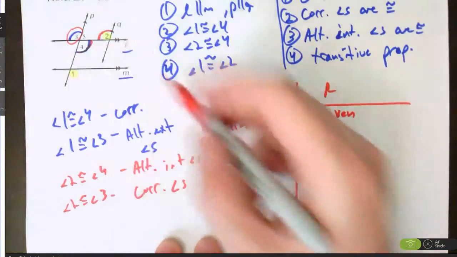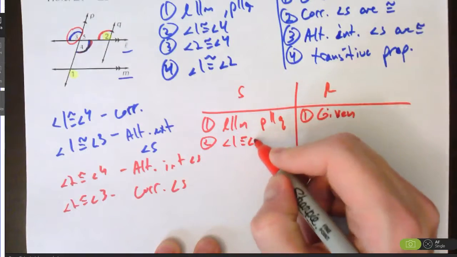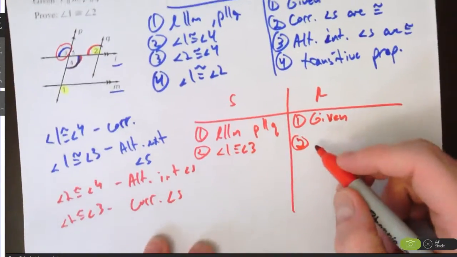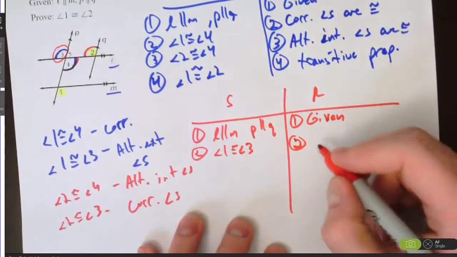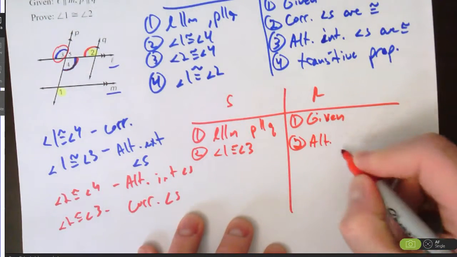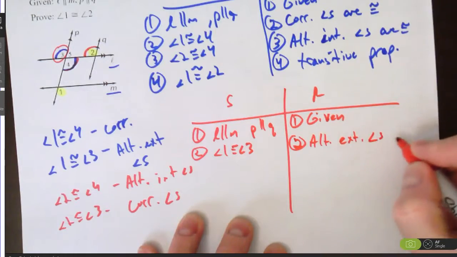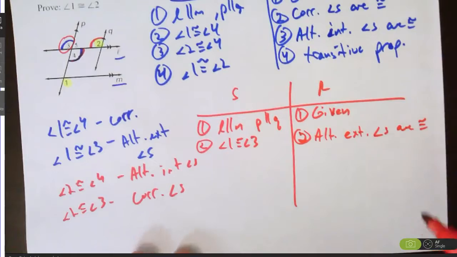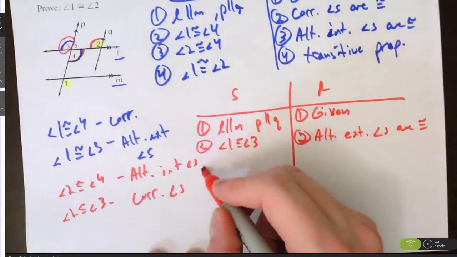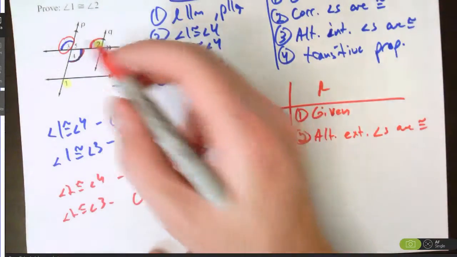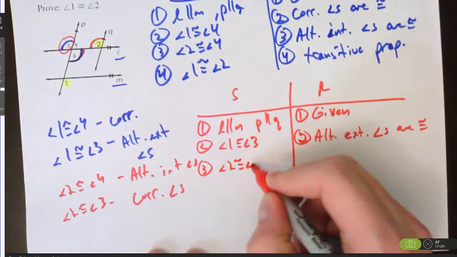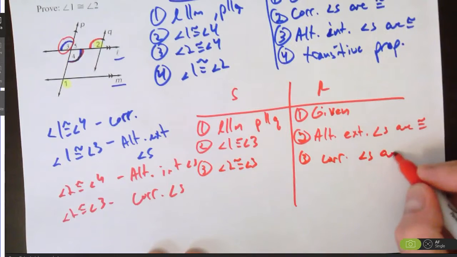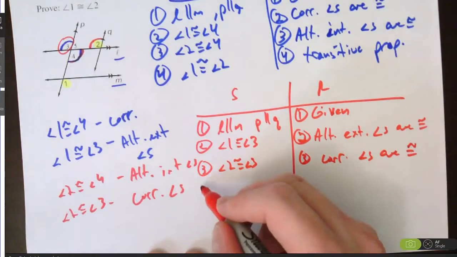Now I know angle 1 is congruent to angle 3 by alternate exterior angles. So you can say again alternate exterior angles theorem or alternate exterior angles are congruent. Now there should be like an if parallel, but we're too lazy to do all that. 3, I know angle 2 is congruent to angle 3 because corresponding angles are congruent.